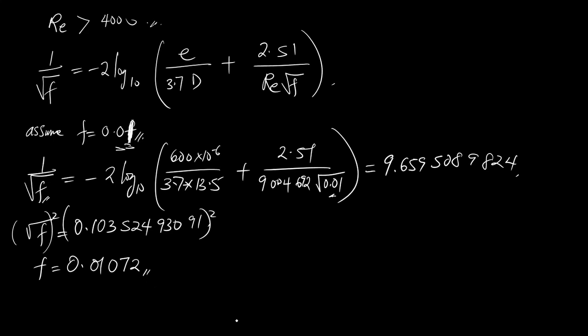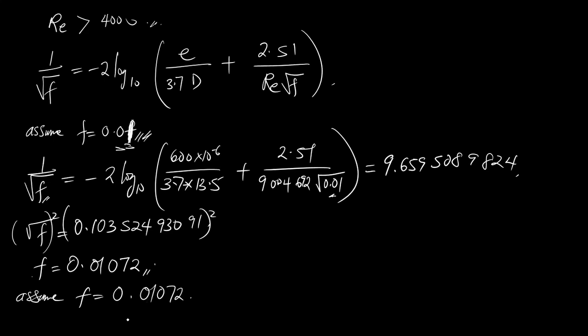So this is our f value for this. Now let's assume this f value, since it's not the same with this, let's assume this f is equal to 0.01072.